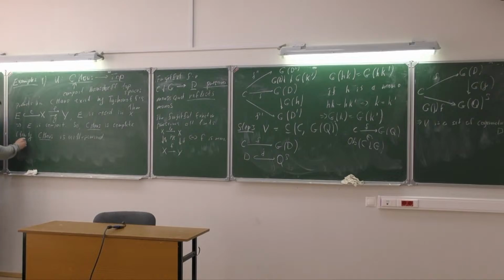Well, what if I take just the closed interval between 0 and 1? So this is a cogenerator, and the statement that this interval is a cogenerator in this category is usually called Urysohn's lemma.